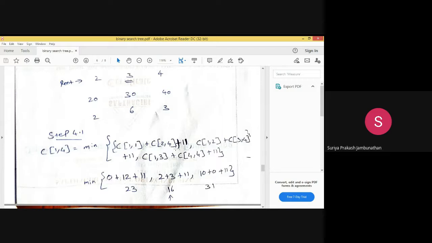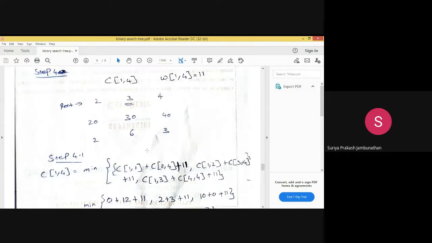W of 1, 4, we are getting 11. So 11 has to be substituted in all the 3 places. And we are just calculating the formula. So C of i, j, i value is 1 and j value is 4. And here the k value for the first calculation is 2, second calculation the k value is 3, third calculation the k value is 4. So C of i, k minus 1. So k value is 2 for first time.